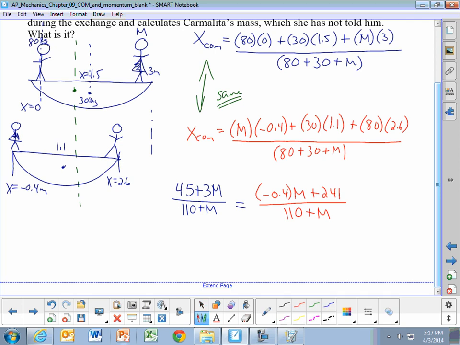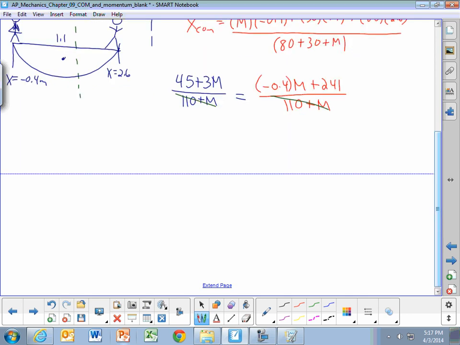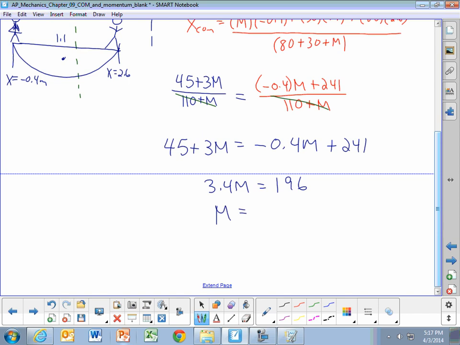If these are equal to each other, I can multiply both sides by 110 plus m. It just means that these two numerators are equal. And so we have 45 plus 3m equals negative 0.4m plus 241, or 3.4m equals 196, or the mass of Carmelita is 57.647 kilograms.